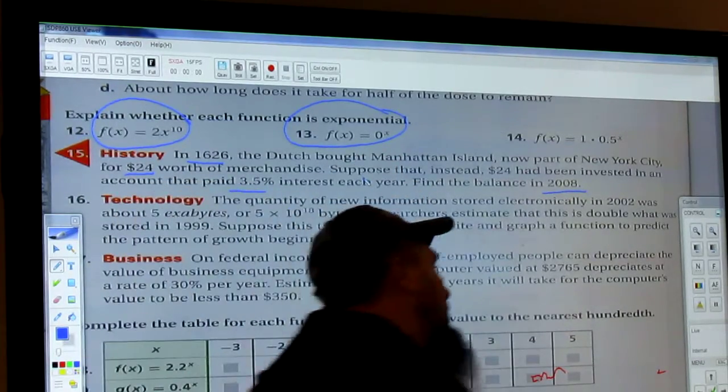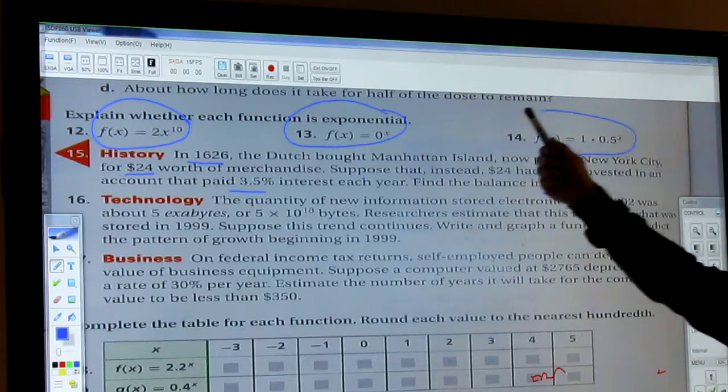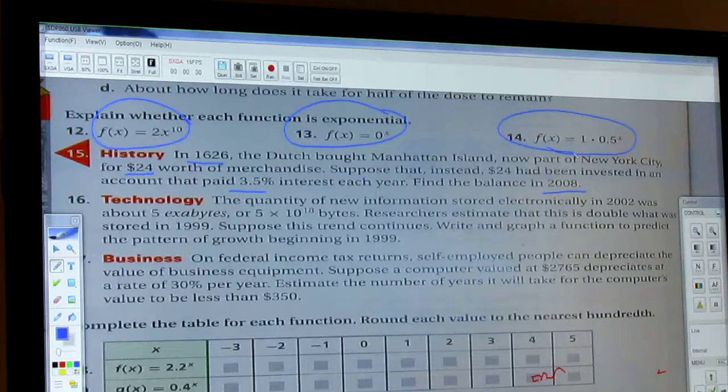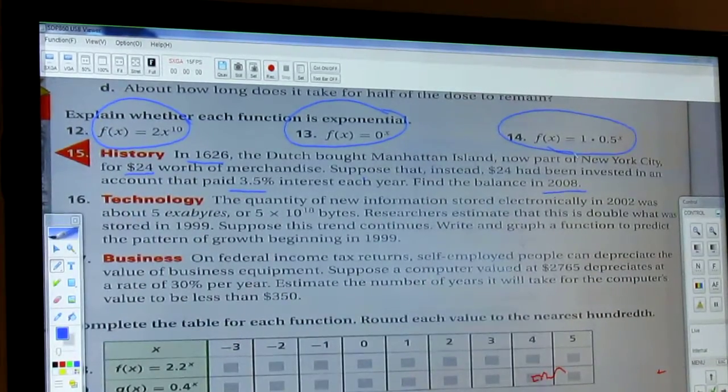Then, what is this? Is it an exponential function or not? Why and why not?